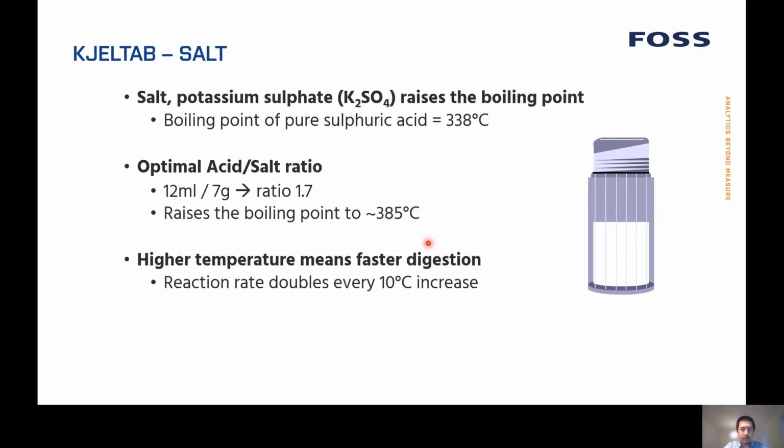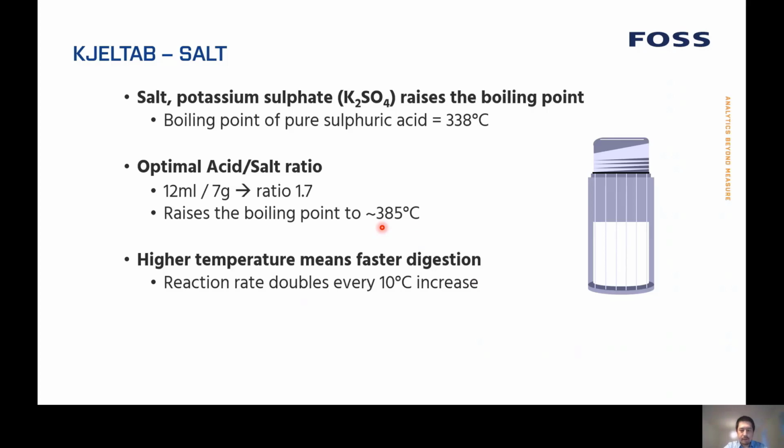The commercial product we provide here is the Kjeltabs. It contains 2 components. One is salt. Salt is used to increase the boiling temperature of sulfuric acid. Usually the boiling temperature of pure sulfuric acid is 338 degrees Celsius, but with the salt added, you can increase the temperature up to 385 degrees.